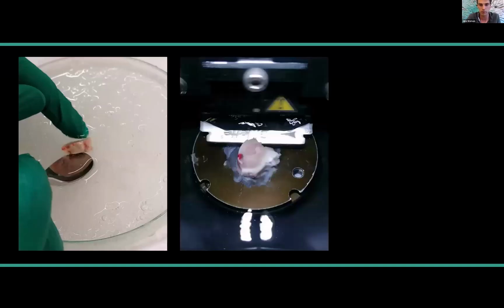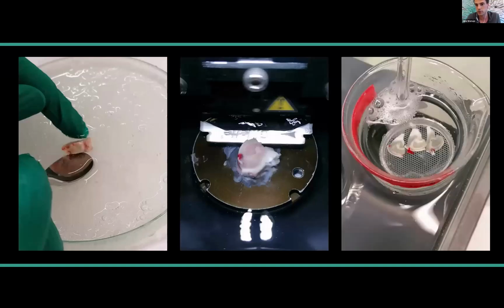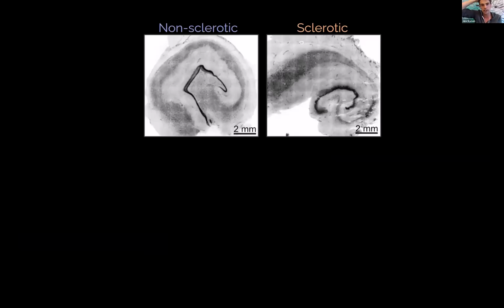And so here's a few pictures of what the tissue samples look like. This is a block of human hippocampus on the slicer, and here's a few slices. So you can see that the size of the human hippocampus is larger than even a whole brain slice from a mouse. And the first thing to say is that, of course, every single thing that we're studying comes from epileptic patients.